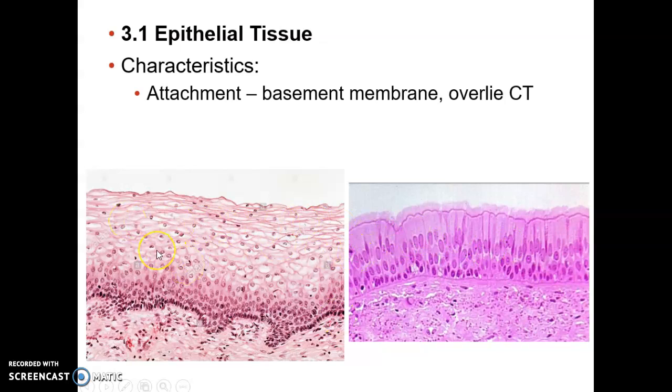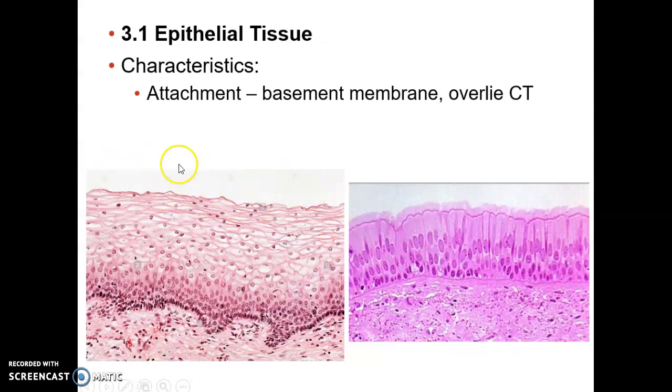Another characteristic of epithelial tissues is since they are coverings on the body or on organs, there's going to be a layer that's exposed to either air or to an internal passageway. So this apical surface of this tissue, it's a clear line. It might be wavy, might be convoluted, but there's nothing above it.